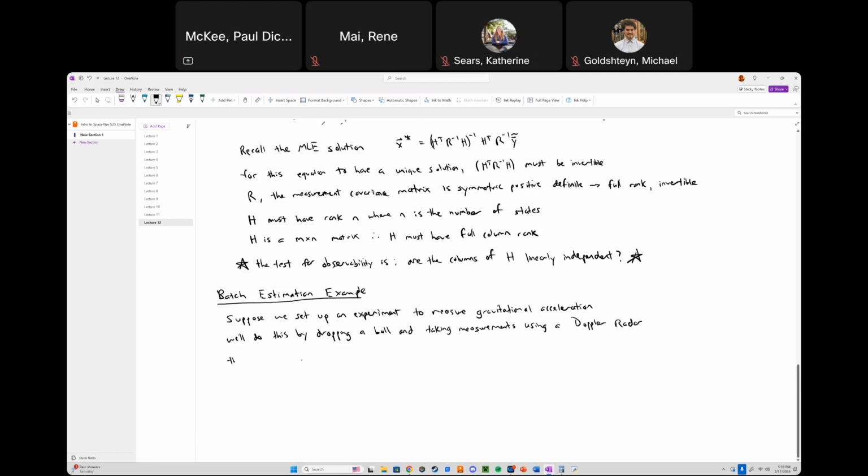The ball starts at height h0 and is subject to a constant acceleration.